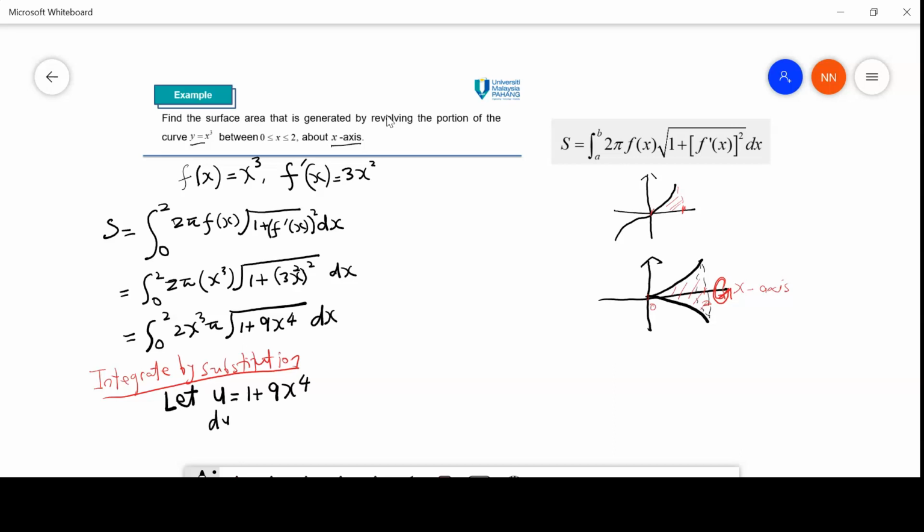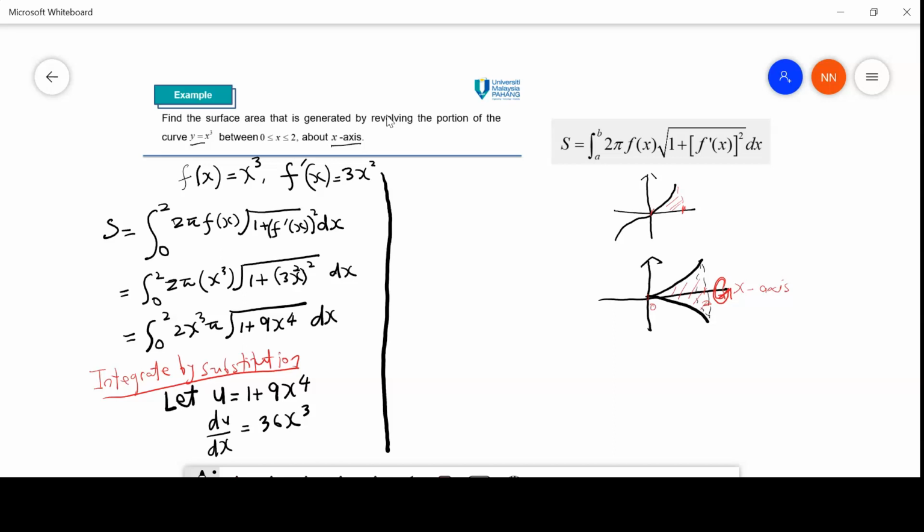Okay. So integrating by substitution, I let everything inside the radical sign here equal to u. Okay, so I differentiate, du dx equal to 36x cubed. Alright, to make it easy, you can see here you have 2x cubed dx.